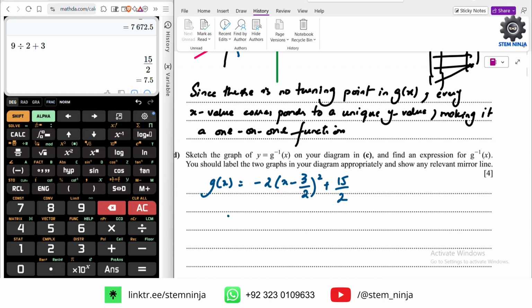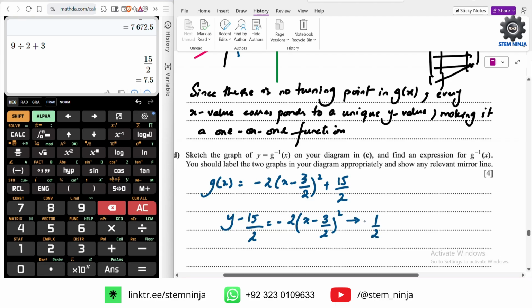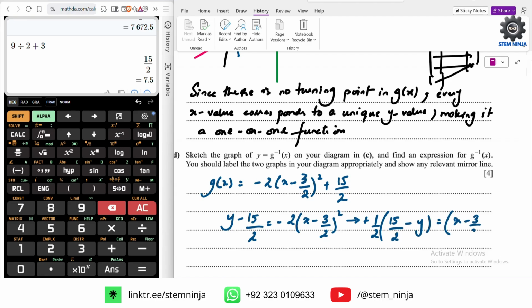You make y minus 15 over 2 equal to minus 2 times x minus 3 over 2 whole squared. So this 2 can go on the other side, so this would become minus half. 15 over 2 minus y over 2 equals x minus 3 over 2 whole squared.